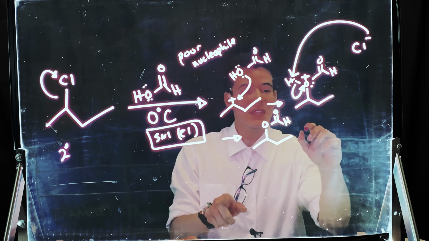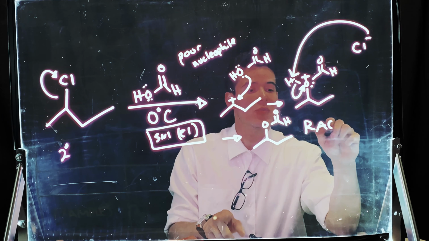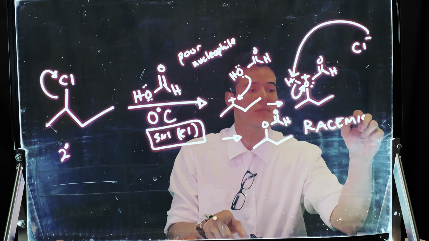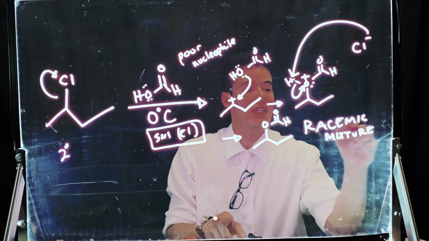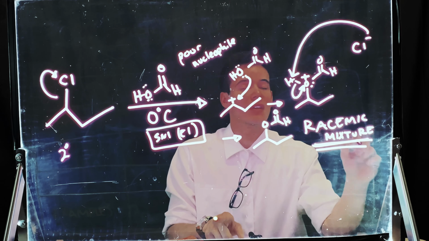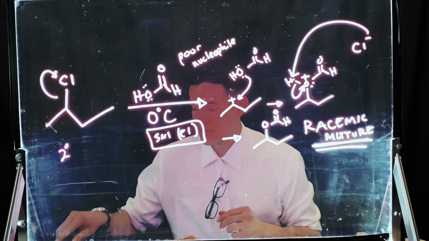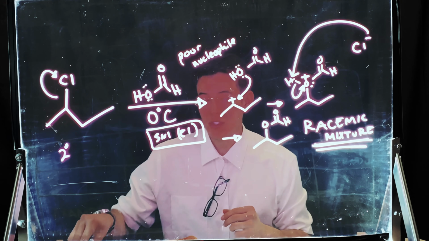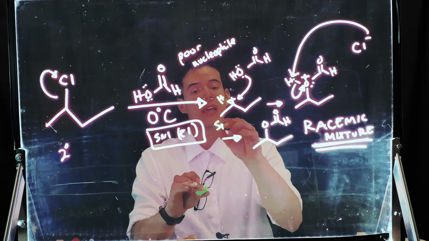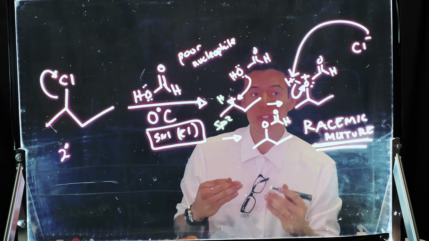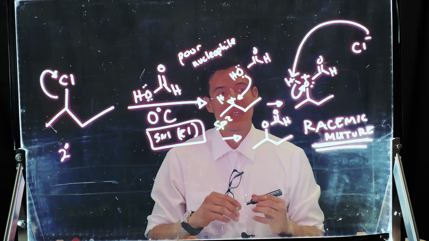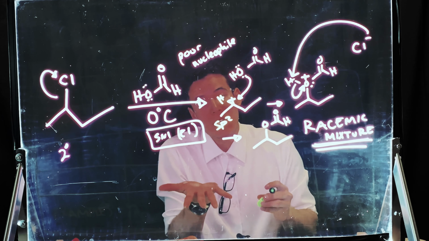Now this is something that's known as a racemic mixture, which means anytime we form that carbocation intermediate right here, we only have 3 groups coming off of this carbon, which means it's sp2 hybridized right now, which means it's planar. It's trigonal planar, okay? So because of that, you can think of it as being flat.